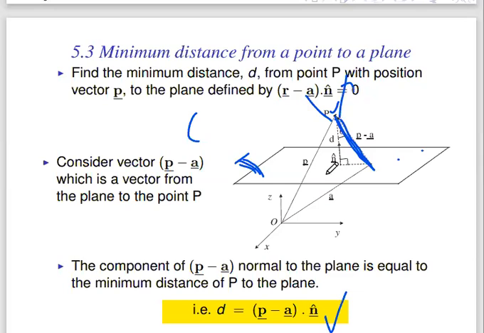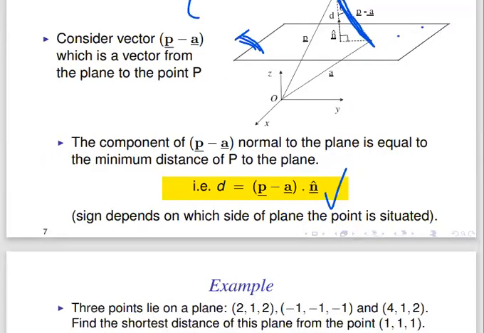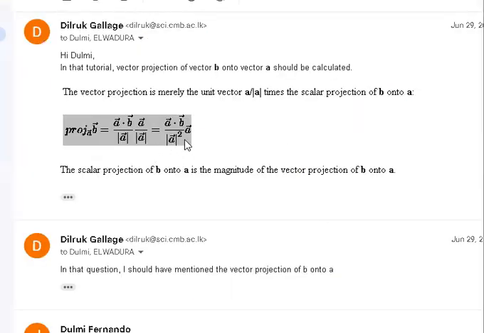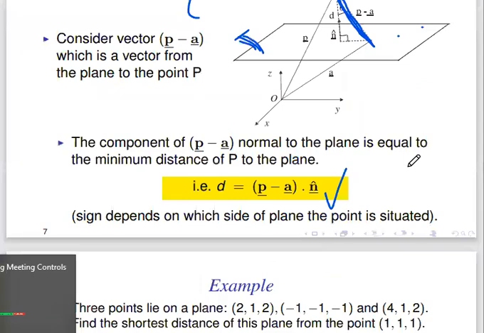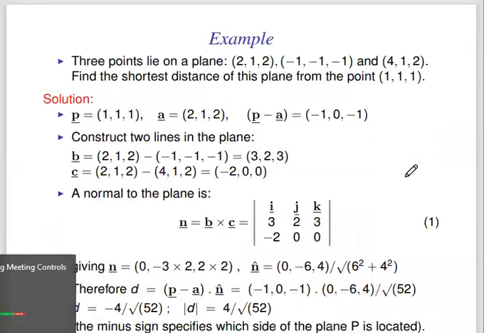Earlier, remember, we had sine theta here. Now again it is cos theta, the projection. So this makes sense. All right, no problem with that.